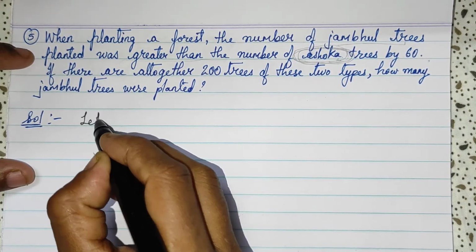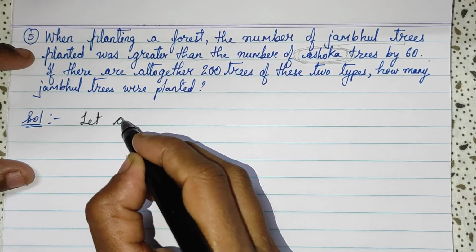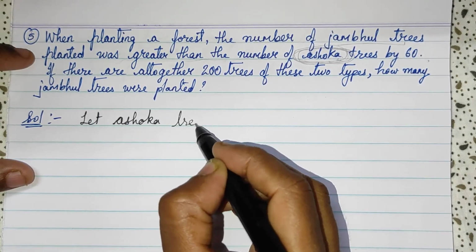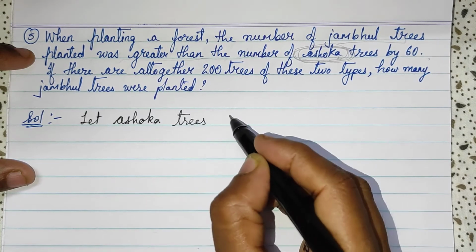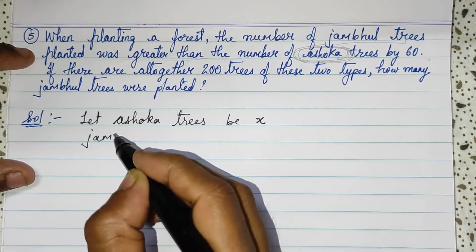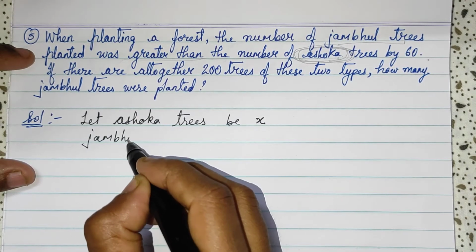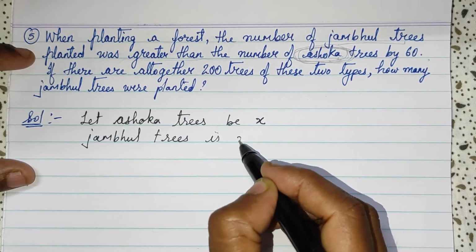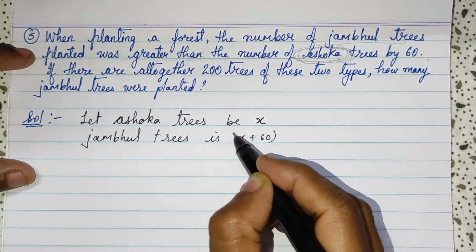So let Ashoka trees be x. So what are jambul trees? Greater, more. So jambul trees is x plus 60.